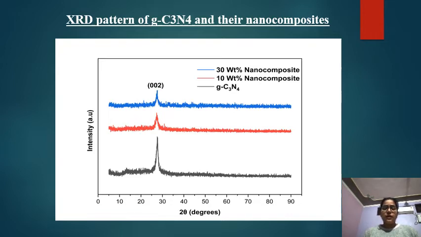We obtain a peak around 27 degrees in the XRD pattern for graphitic carbon nitride and their nanocomposites. This peak is due to the 002 plane. The intensity of the peak decreases after nanocomposite formation. This shows that the graphitic carbon nitride is more crystalline than their nanocomposites.